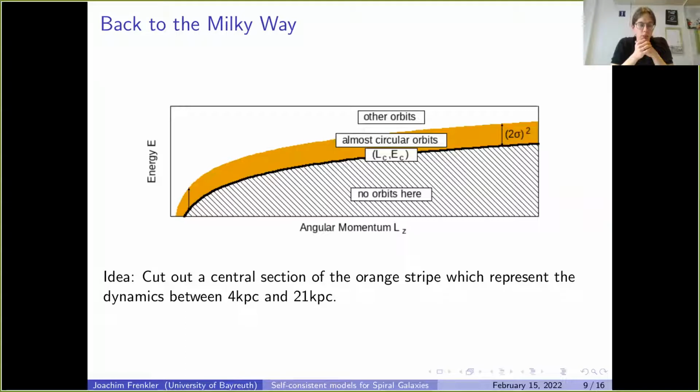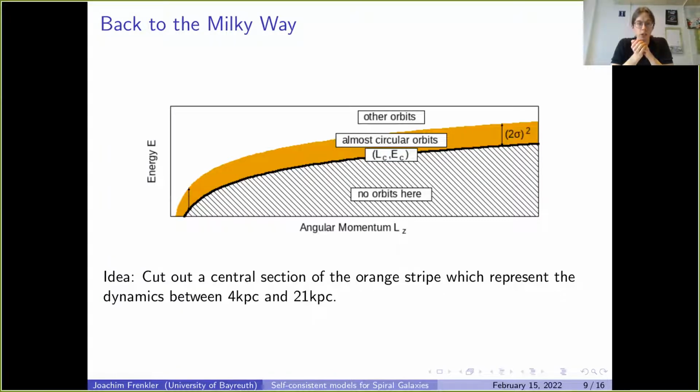So by choosing a cut-out section of this dynamical Mestel disk as a model for the ISM, we get both. We get dynamics which are similar to the dynamics of the Milky Way's ISM, and we get a density that is also similar to the density of the Milky Way's ISM.